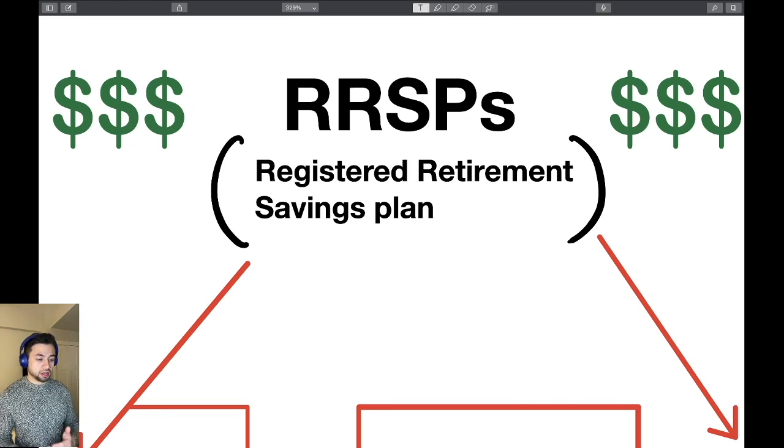I'll get more into it, but I guess that's just the first difference that I wanted to draw between TFSA accounts and RRSP accounts.